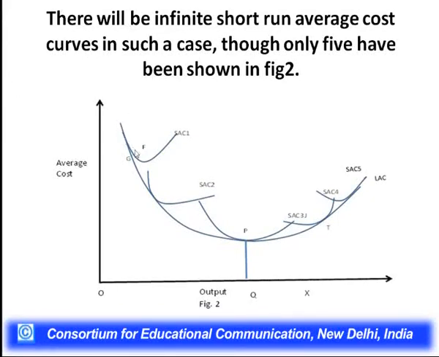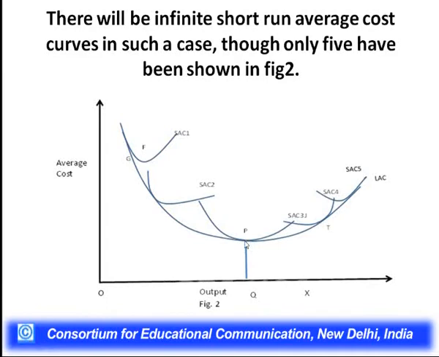Actually LAC is drawn from different SACs. Every point on LAC is tangent with some short run average cost curve. So there are infinite number of SACs on this LAC which is of U shape, and now we will see whether this tangency point of the SAC with LAC is the minimum of SAC or not.